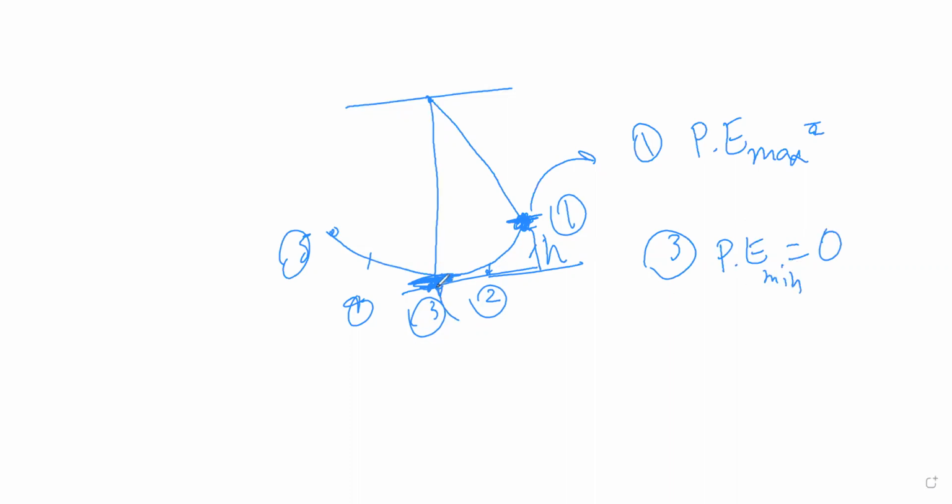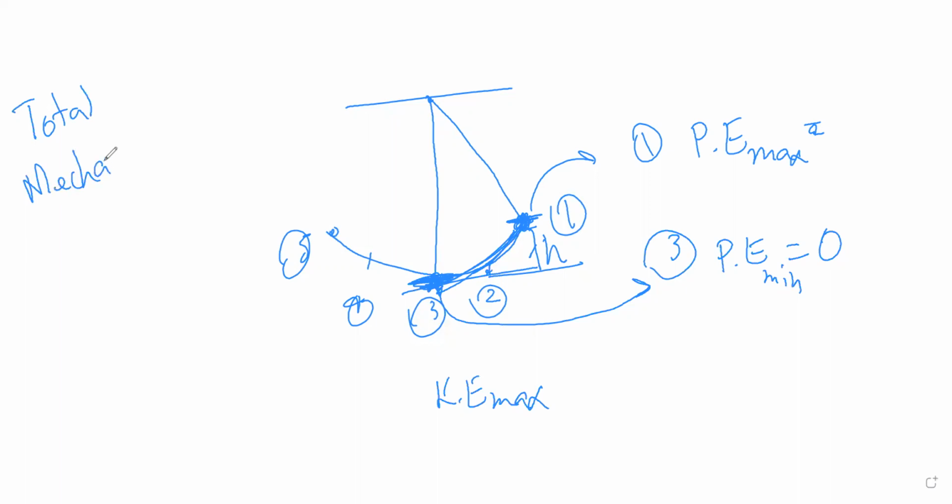See, at this point it starts moving, so it's gaining speed. So at this point our kinetic energy will be maximum. Why? Because we know our total mechanical energy. What is the definition of mechanical energy?